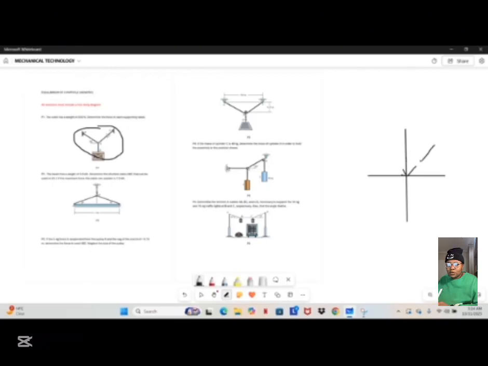Oh, I'm ruining everything right now. Okay, I'm going to fix it. So we have this one and this one and this one. We have forces acting in different directions, which we can call force T1 and force T2.